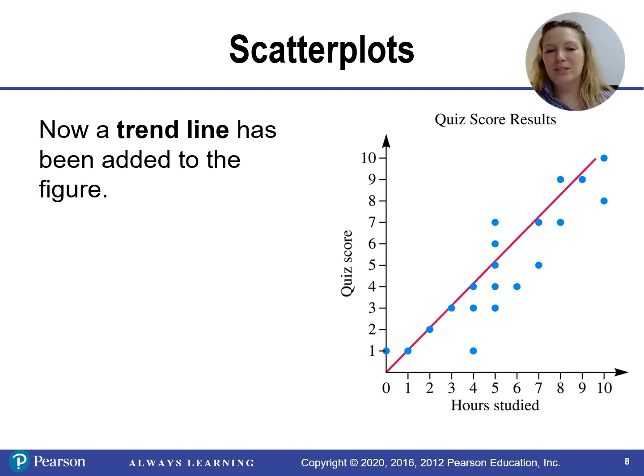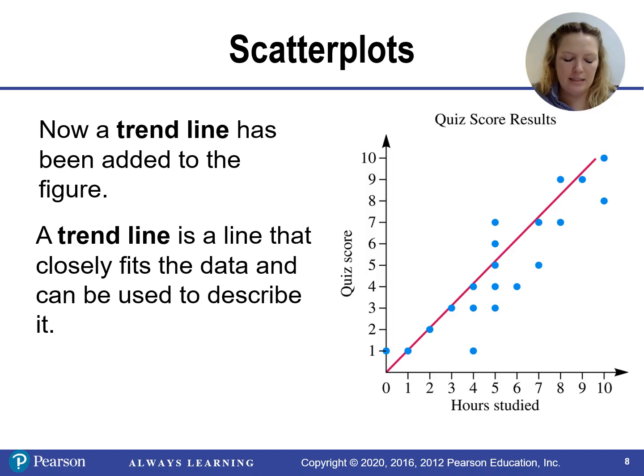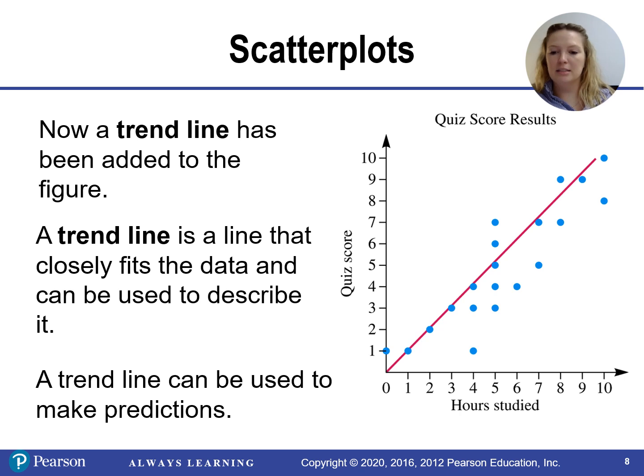We can add what's called a trend line to scatter plots to understand patterns in our data. A trend line is a line that closely fits the data to describe it, and we can use trend lines to make predictions. Now we have to be careful making extrapolating predictions because in this case the highest score that we can get on a quiz is 10.